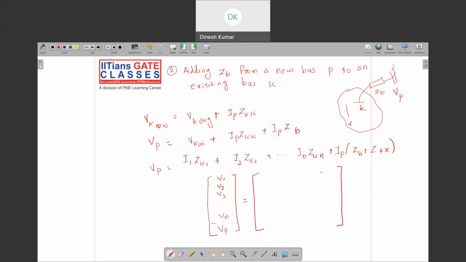Now we have a Z bus original. This is the old one. Now we have to add Z1k, Z2k, Z3k, Z4k, etc. The last one will be ZKK plus ZB, what we are actually adding.